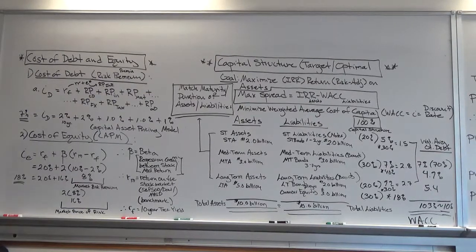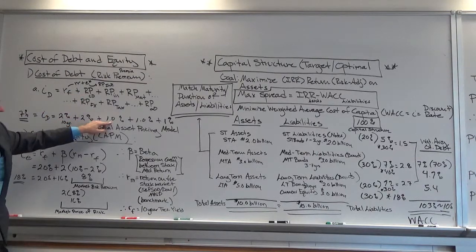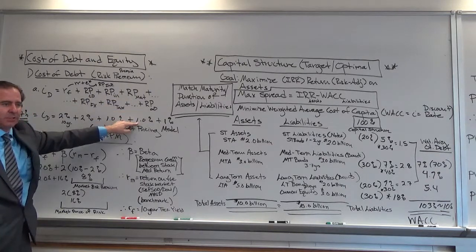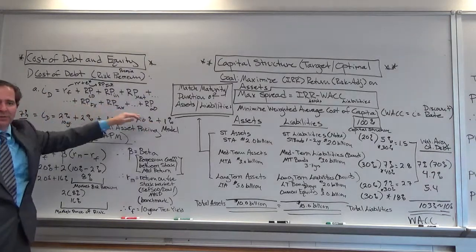So I just came up with a theoretical approach. Risk-free rate is 2%, which is basically where the 10-year treasury is today. I'm going to add a 2% or 200 basis point credit default risk premium. 1 percentage point for illiquidity, 1 percentage point for maturity, and 1 percentage point for the rest of them.